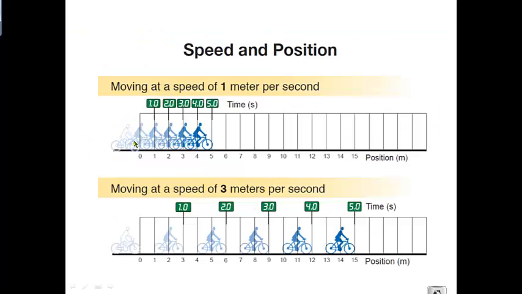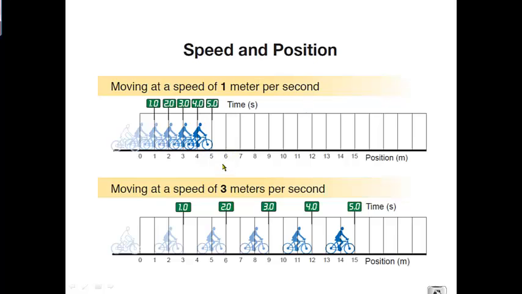So, for instance, speed and position. This bicycler is traveling at 1 meter per second, which means for every second that he rides, he goes 1 meter. So after the first second, he's gone 1 meter. After the second second, he's gone 2 meters. After the third second, he's gone 3 meters. He goes 1 meter every second, so 1 meter per second.